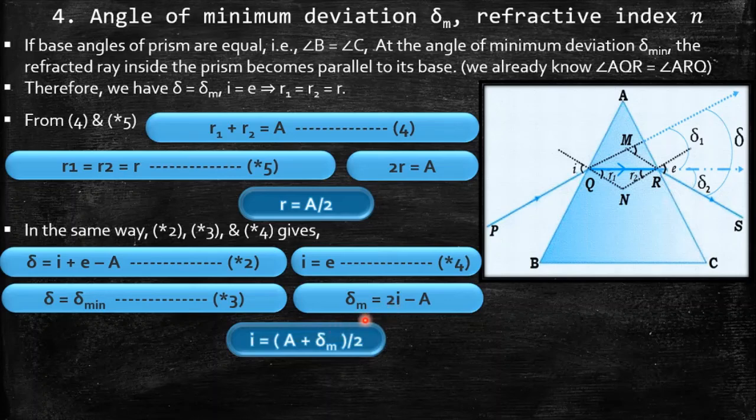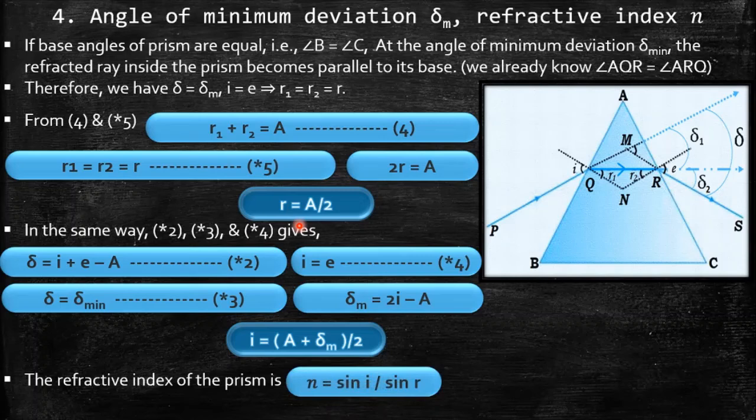Correct? Now I've got an i, I've got an r. I simply need to find out the refractive index of the prism, correct? And it is going to be n is equal to, of course, sine i upon sine r.